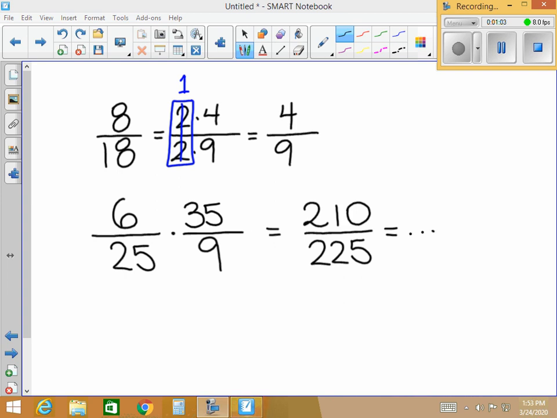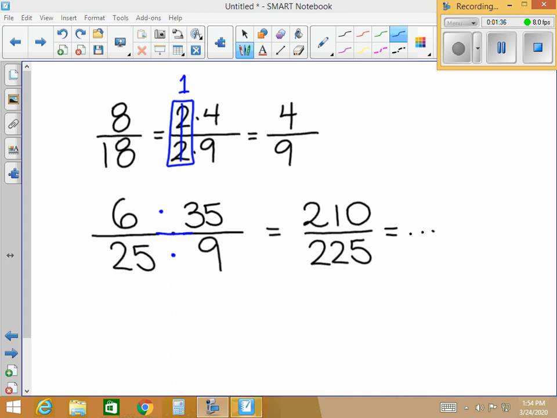While mathematically this is correct, and if I plugged away at this and took out a 5 and then maybe something else, then I could get that put in lowest terms. Now instead of doing that, because I know that multiplying fractions means tops times tops and bottoms times bottoms, instead of putting the 6 and 35 together, putting the 25 and 9 together, and then trying to figure out how to reduce it, I can reduce first, like I did up above.